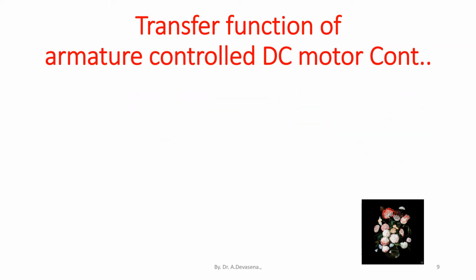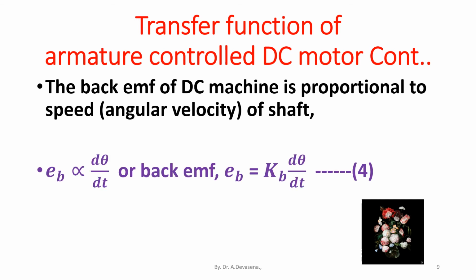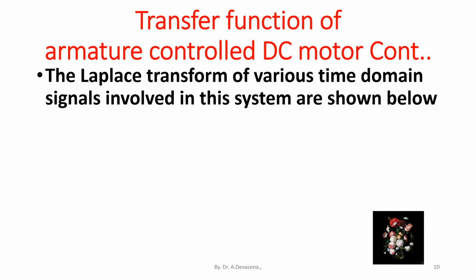The back EMF of a DC machine is proportional to speed, that is, the angular velocity of the shaft. Therefore, E_B is directly proportional to d theta by dt, or the back EMF E_B is equal to K_B d theta by dt. Consider this as equation 4. The Laplace transforms of the various time domain signals involved in this system are shown below.